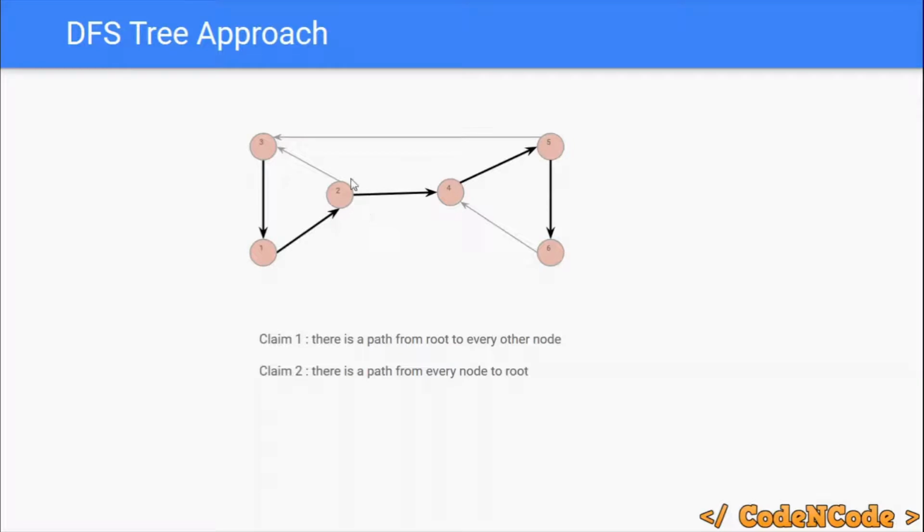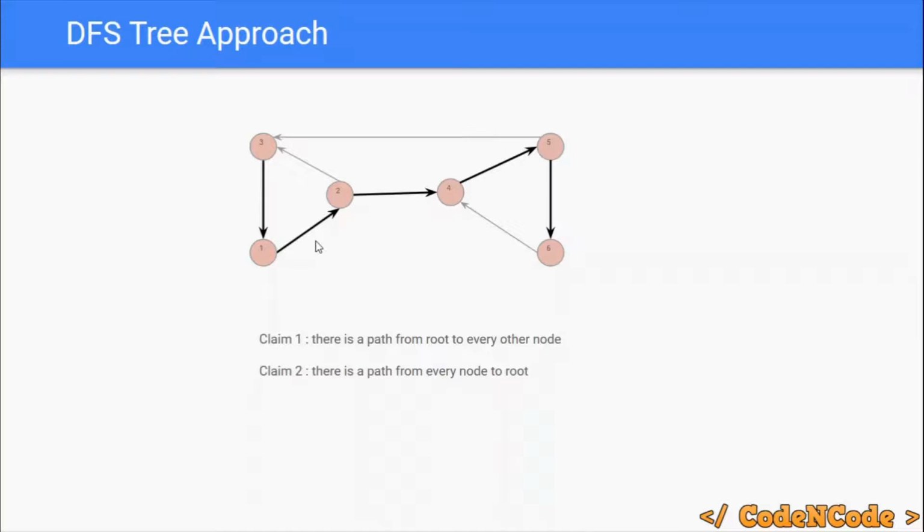The same argument would apply to that node: in the subtree of that node there must be a node having a back edge to at least the parent of it. If not, then this edge would be a bridge.